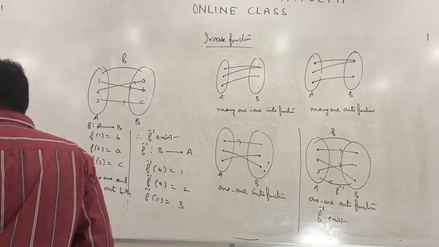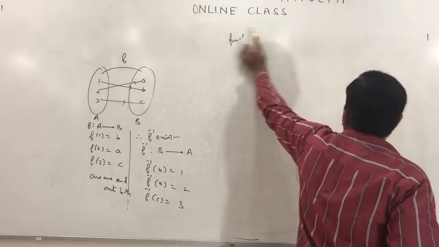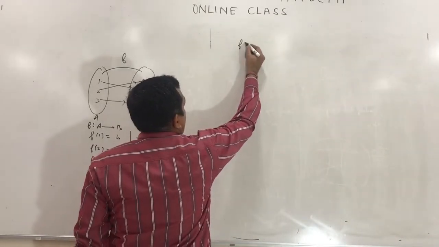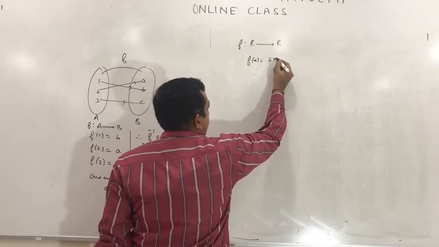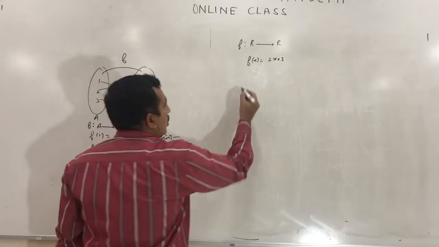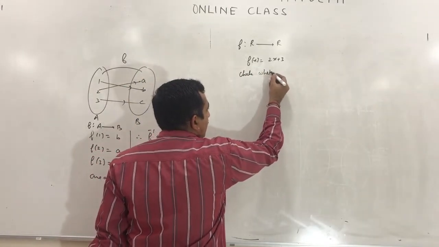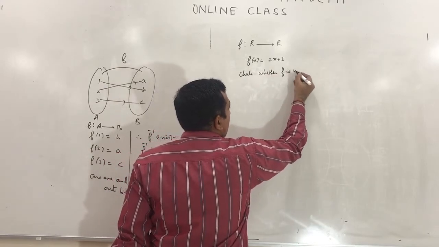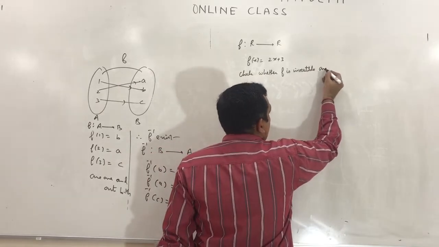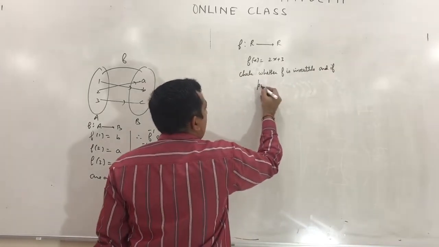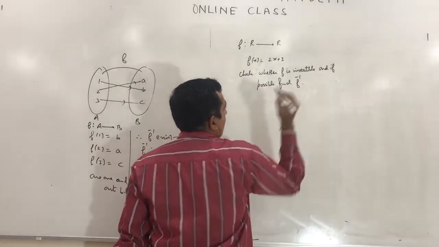Let us take one example. If the question is: f is a function from R to R, such that f(x) equals 2x plus 3, and the question is, check whether f is invertible, and if possible, find f inverse.